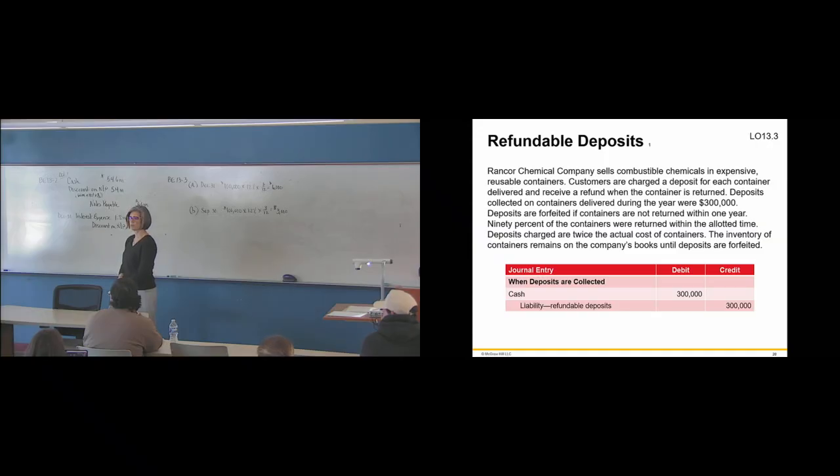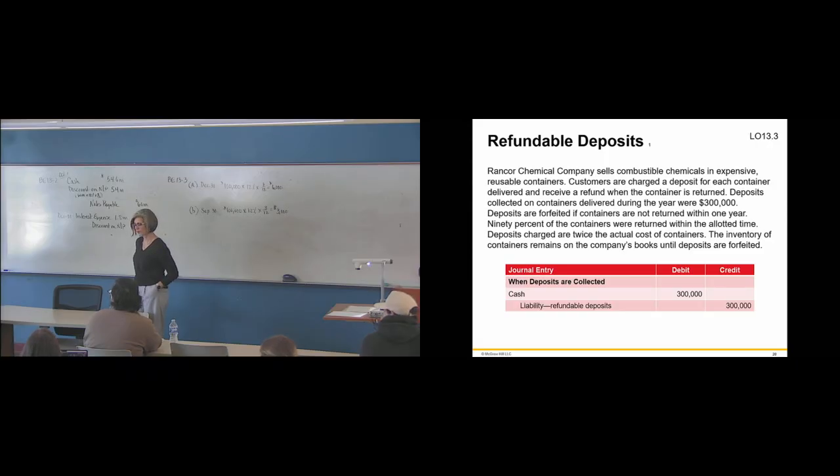Deposits are forfeited, meaning what? You don't get it back. Give it up, right? If containers are not returned within 1 year, 90% of the containers were returned, because you know there's always going to be someone who doesn't actually return them, right? Deposits charged are twice the cost of containers.